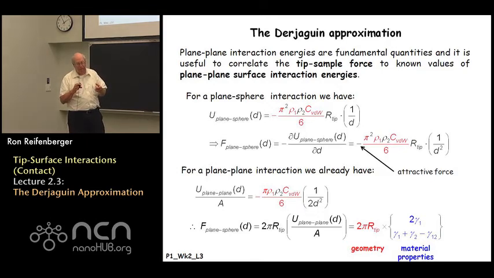So this just simply means that these interaction potential energies, which are what theorists tend to calculate, can be verified experimentally. They can be measured experimentally if you can do a very careful measurement of the adhesive force between a plane and a sphere.